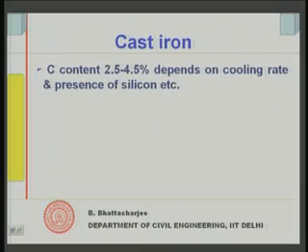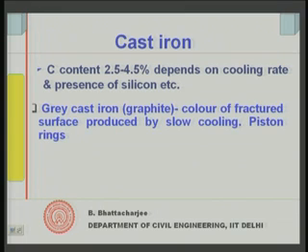Okay. So, cast iron is another material that is used. We have talked about ductile and slightly high strength steel, and cast iron is another product of the iron carbon system, the Fe-C system. It has 2.5 to 4.5% carbon, and its properties depend upon the cooling rate and the presence of silicon, etc. There are two types of cast iron.